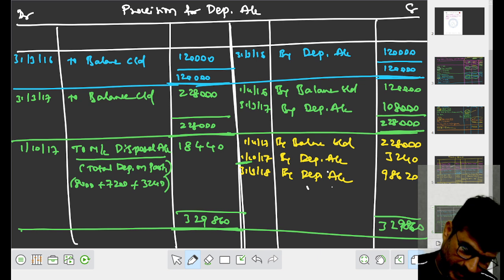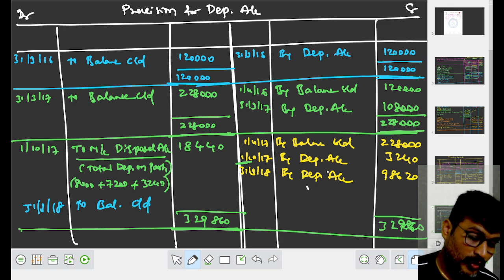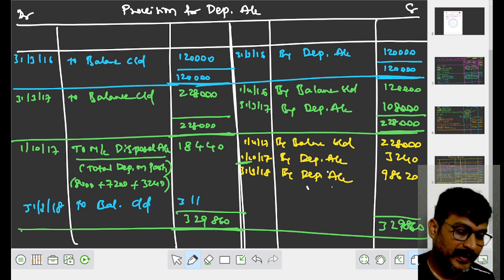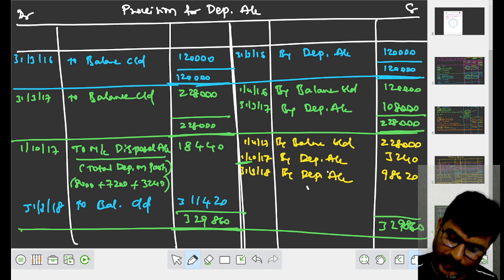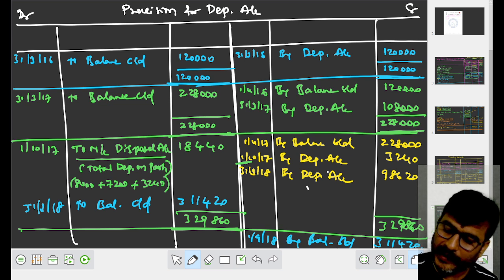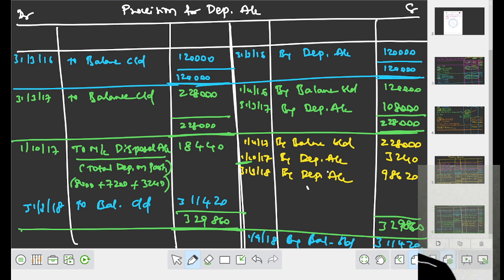Now we have to write on March 18, to balance carry down 3,11,420, and on 1st April 18, by balance brought down 3,11,420.